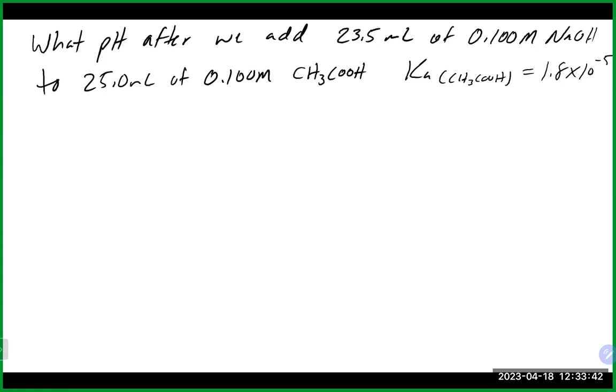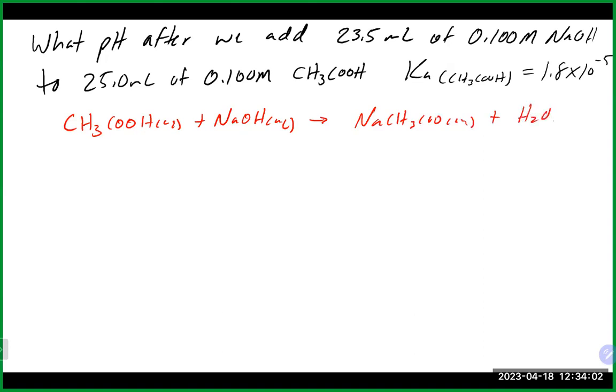So obviously we're going to start with our equation here. Our acetic acid and our sodium hydroxide, as we are in the titration, are going to make a little sodium acetate and some water. Since we are doing the titration here, we want to do this ICE table in moles.